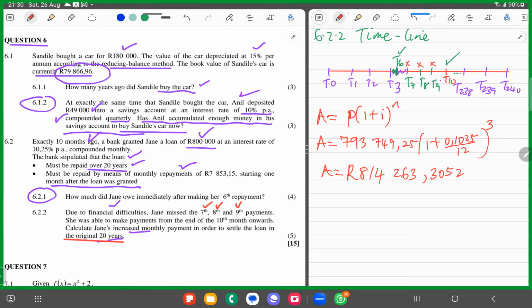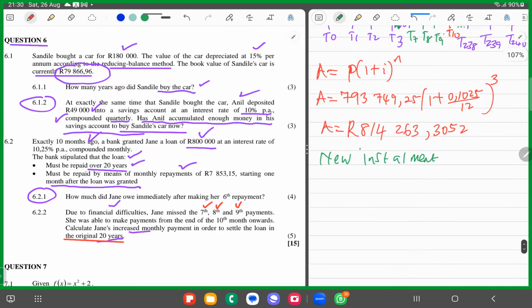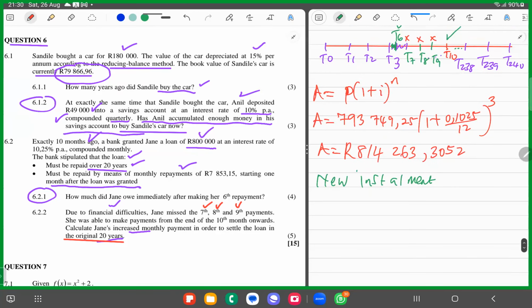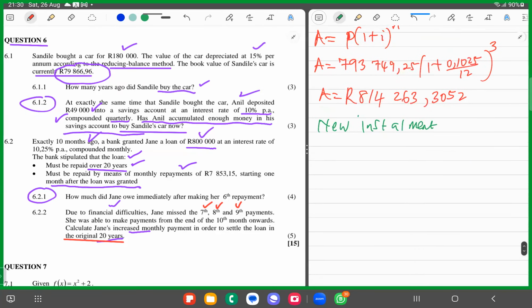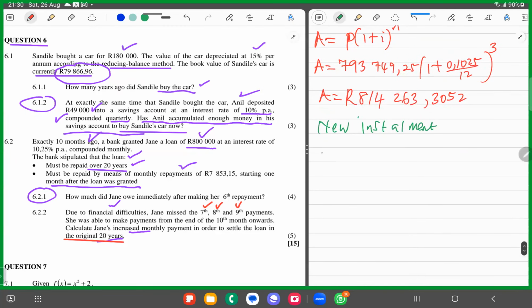All right, so there's a new installment. What is the new installment? The new installment is going to be obtained by using the present value, which is P equals X into 1 minus (1 plus i) to the minus n, divided by i.